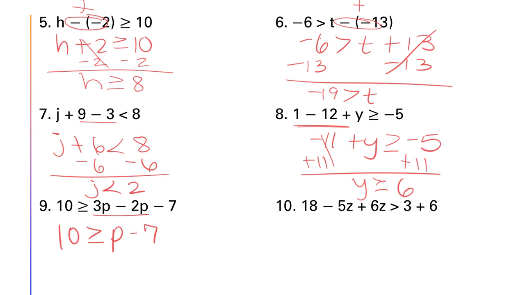What's my next step? Add 7 on. Oops, I put 8. Add 7 to both sides. What's 10 plus 7? 17. My 17 looks like an inequality sign. 17 is greater than or equal to p.